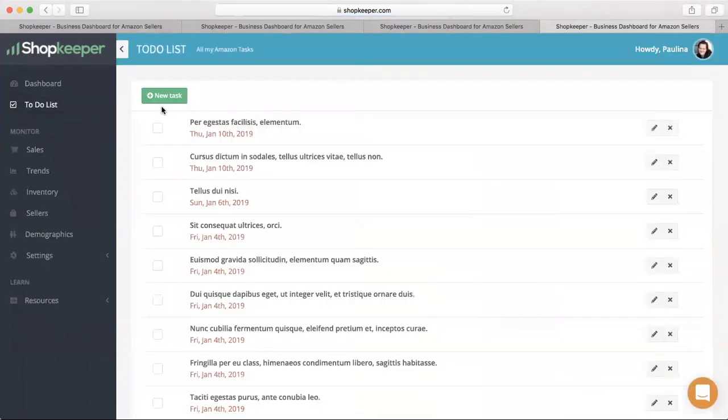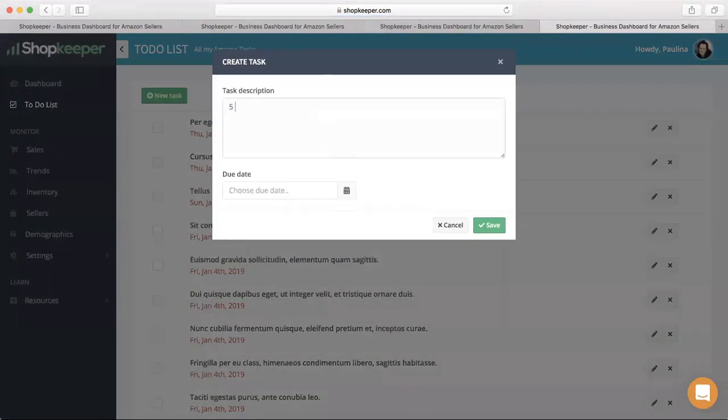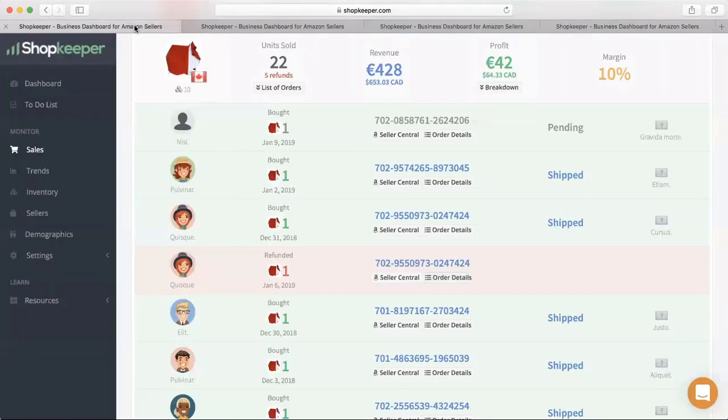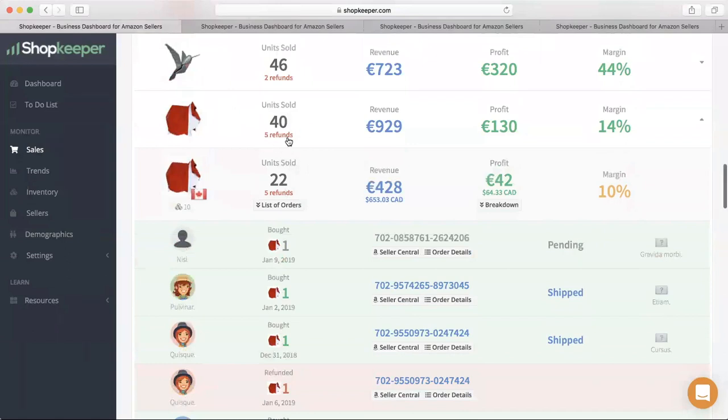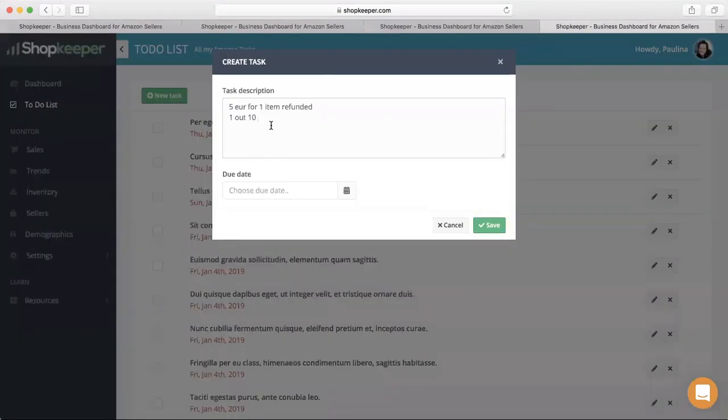You just keep in mind that it costs you €5 for one item refunded, right? So while you're keeping that in mind, you know that 1 out of 10 items is getting refunded. You have about a 10% refund rate. I'm looking at the general rate here. So out of 45 refunds submitted, that means about 10% you're getting.